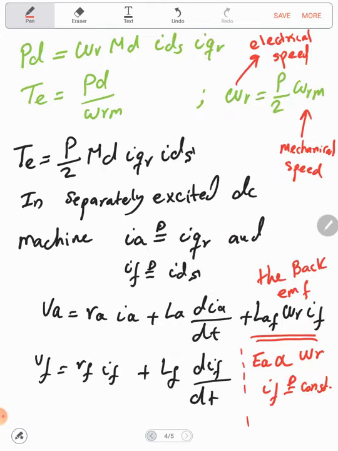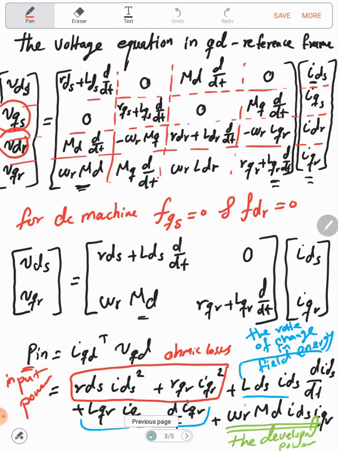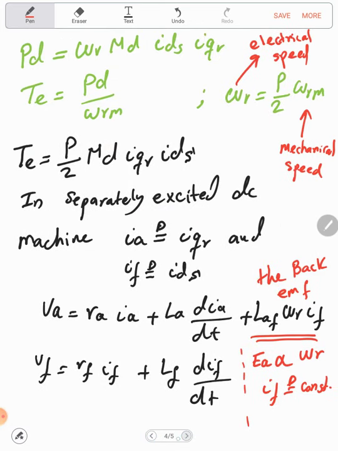Now, if we do so, we have those two equations. This system will become linear if the IF is constant.